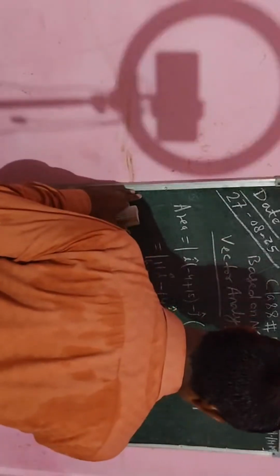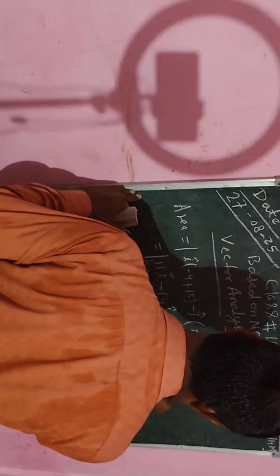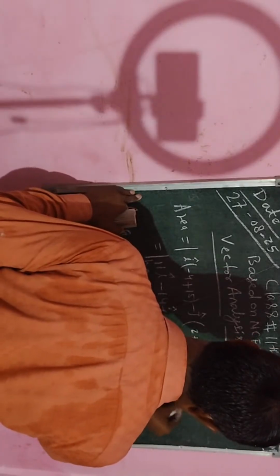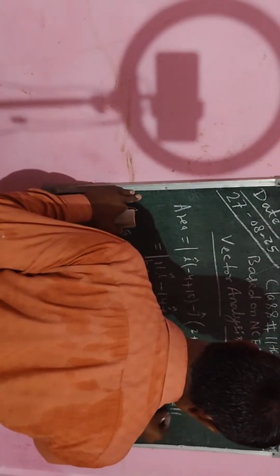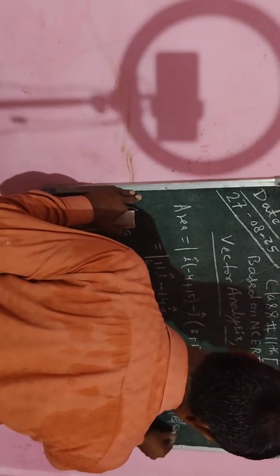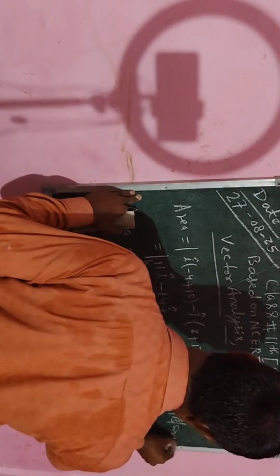One is the vector A cross vector B, which is equal to the magnitude of vector A into the magnitude of vector B into sin theta, and there one unit vector is available.